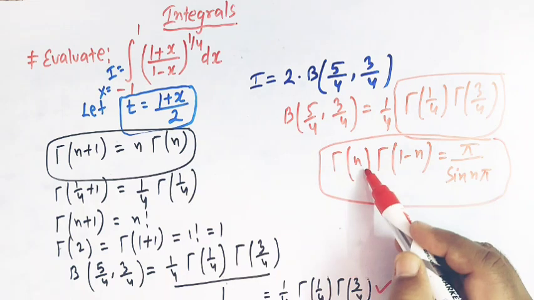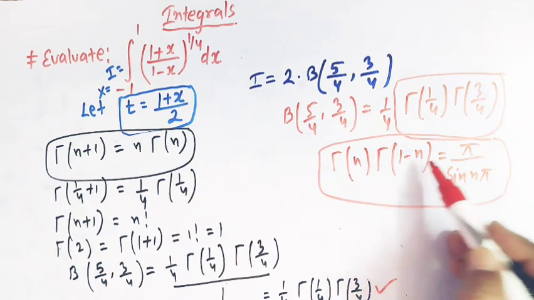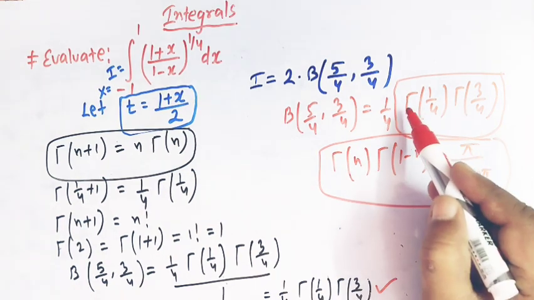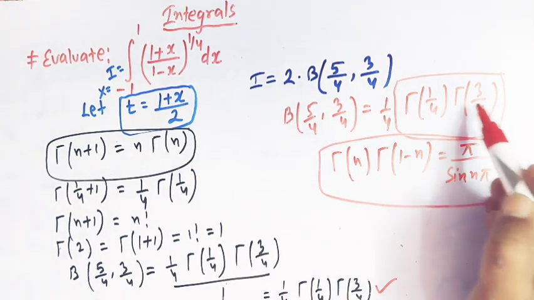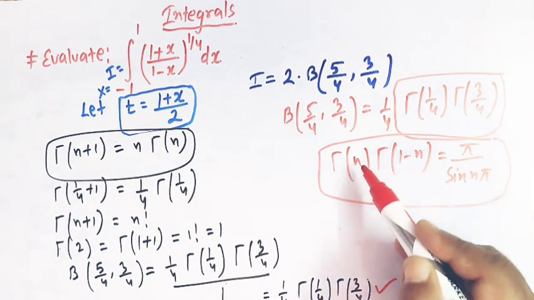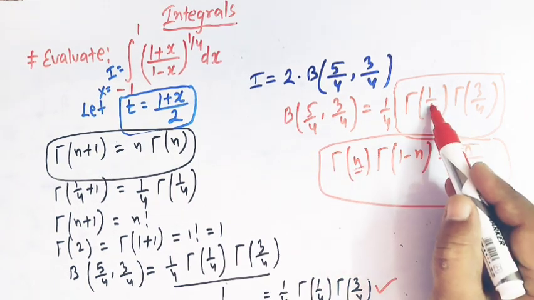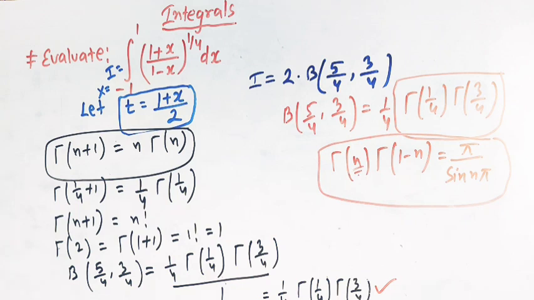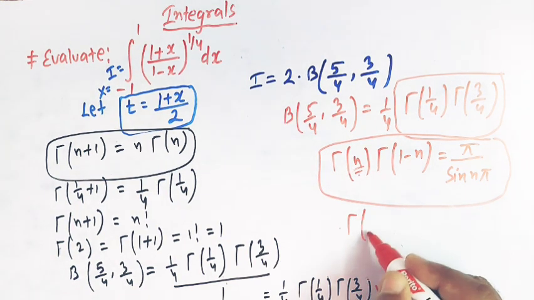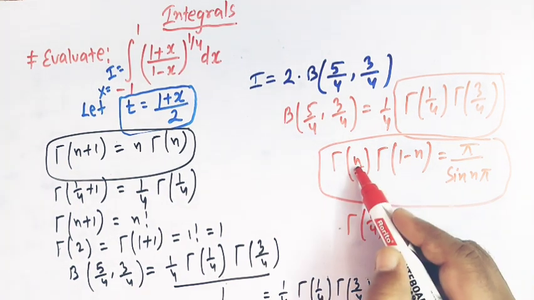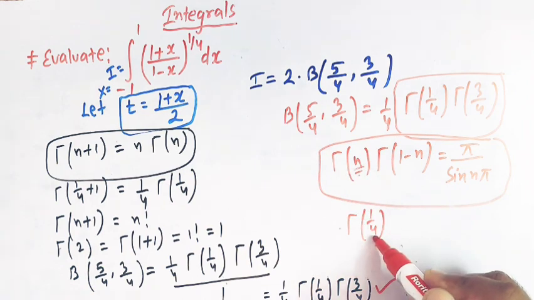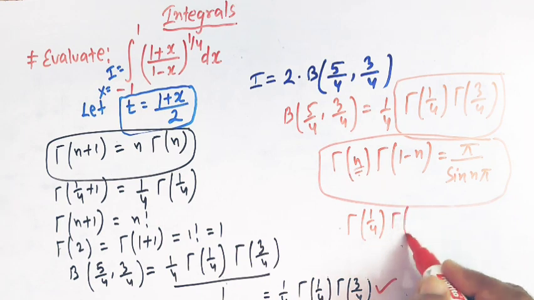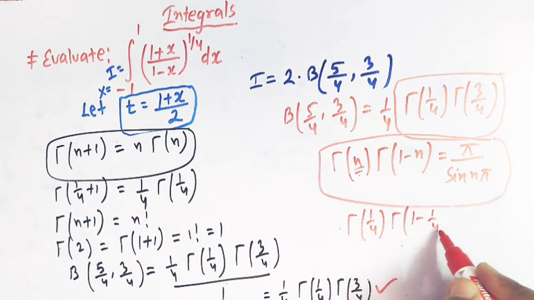And here we have gamma of 1 over 4, gamma of 3 over 4, right? So if we take n is equal to 1 over 4 in this expression, then we get gamma of 1 over 4, and then gamma of 1 minus 1 over 4, right?